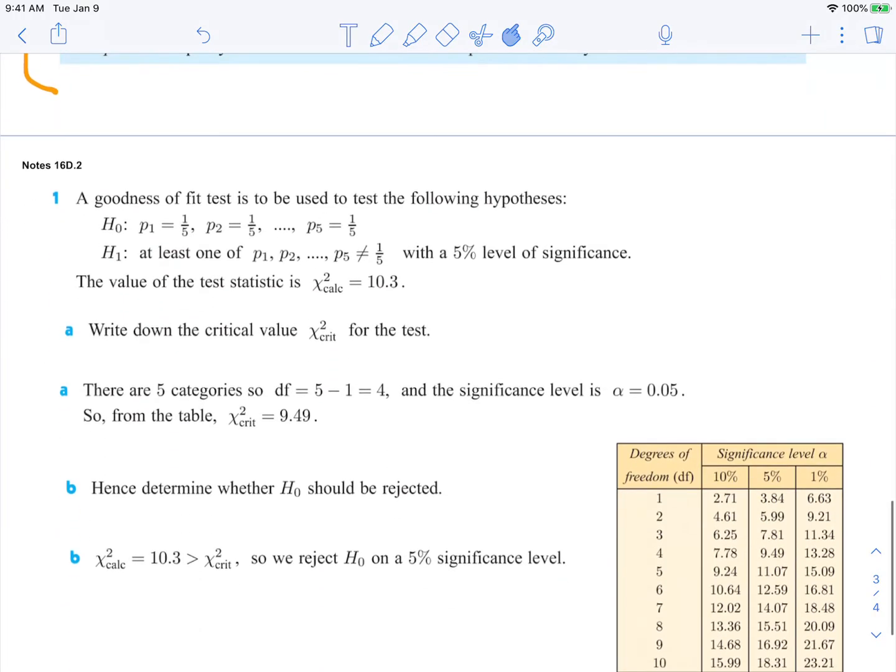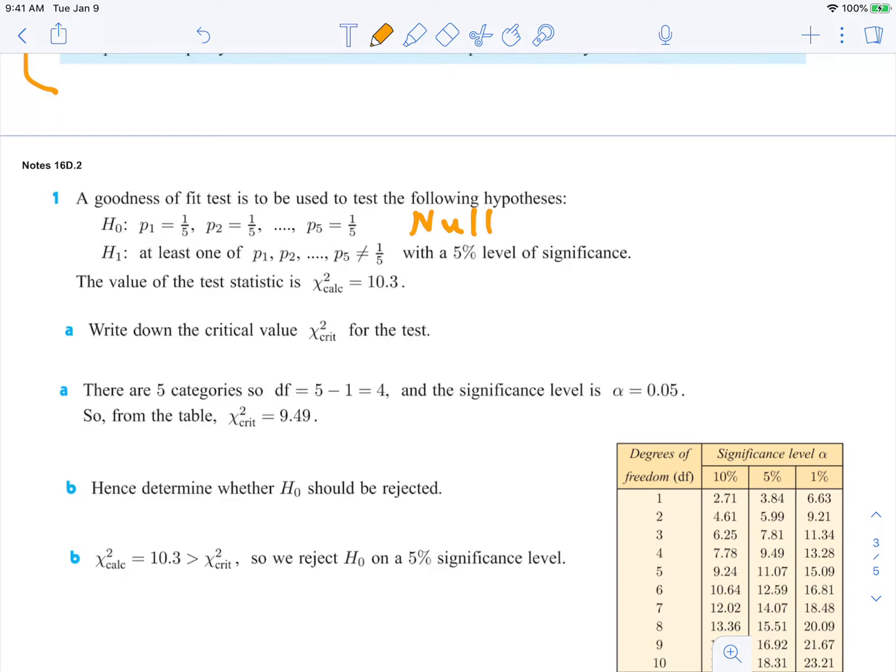So here's an example. A goodness of fit test is used to test the following hypothesis. So we have some probabilities: probability 1 is 1/5, probability 2 is 1/5, probabilities 3, 4, and 5 are all 1/5. So that's the null hypothesis, that all of the probabilities are equal.